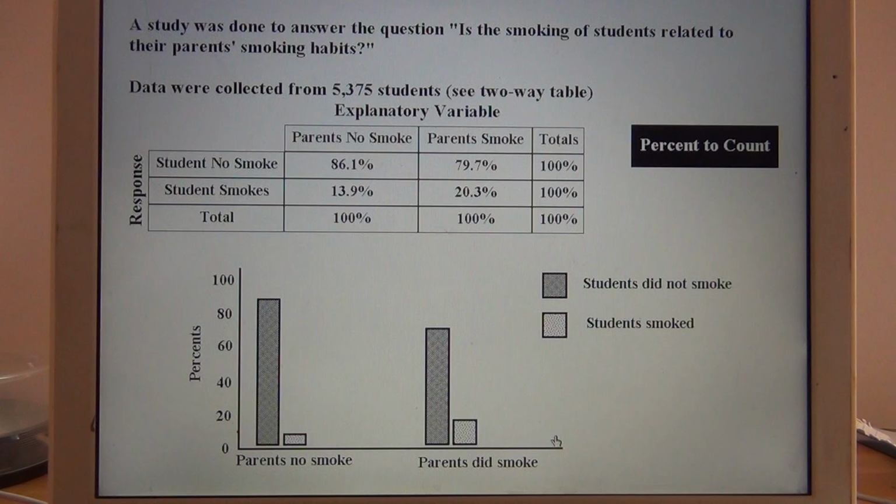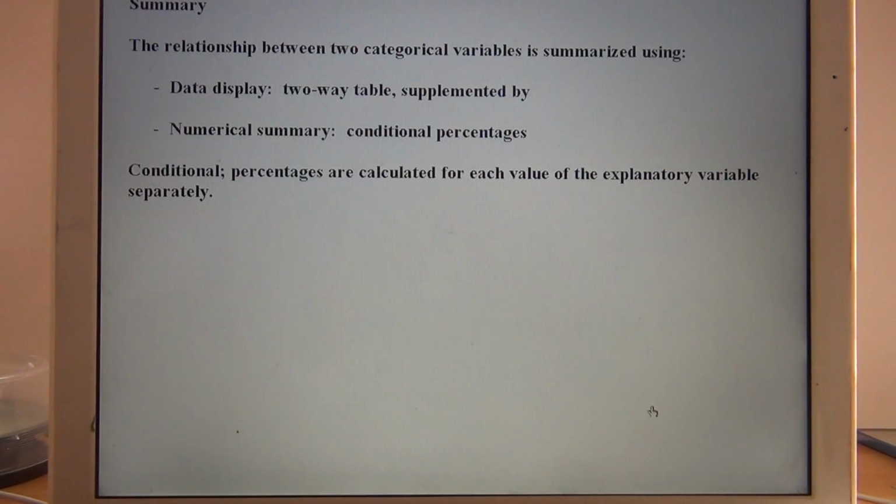So we can see by looking at that, whether the parent smokes or not seems to have some effect, according to this data, on whether students smoked or not. Again, another way of representing data when we have two categorical variables, a categorical explanatory variable and a categorical response variable.